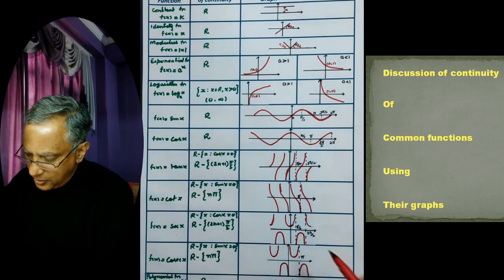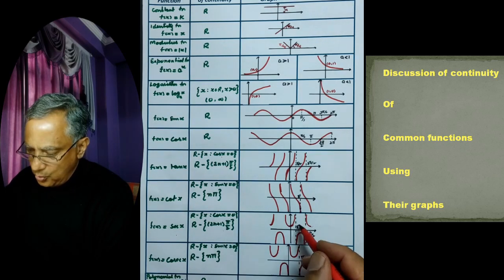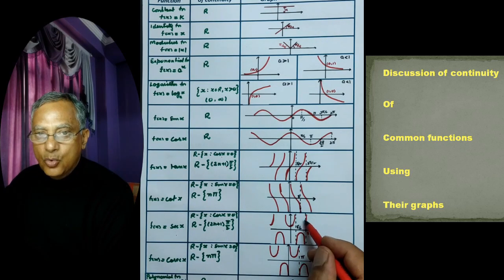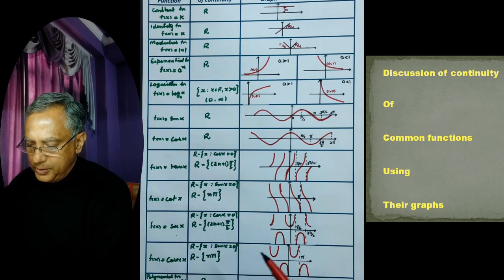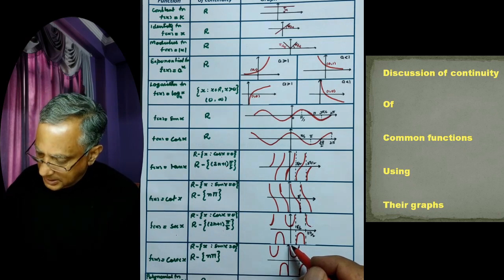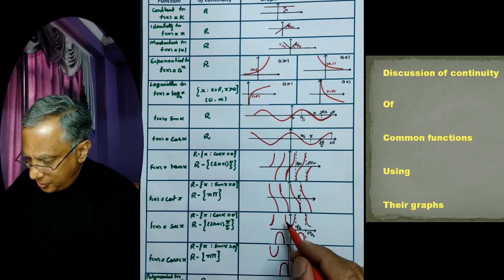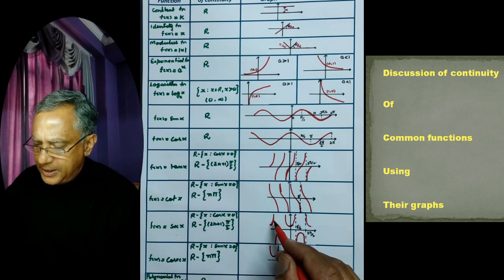And this graph will not touch the lines pi by 2, 3 pi by 2, because secant x is not defined for these points. So this graph will be regarded as a continuous graph because it is continuous at all points of its domain.